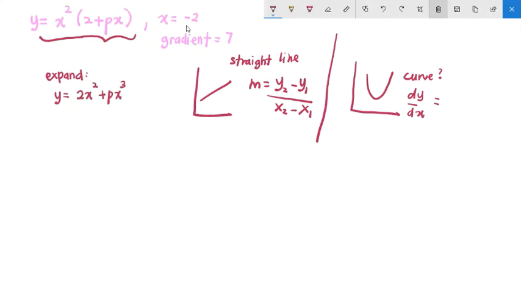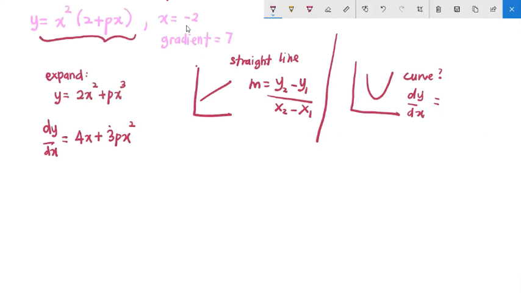Okay, so this one, do dy over dx is equal to 4x plus 3px squared.